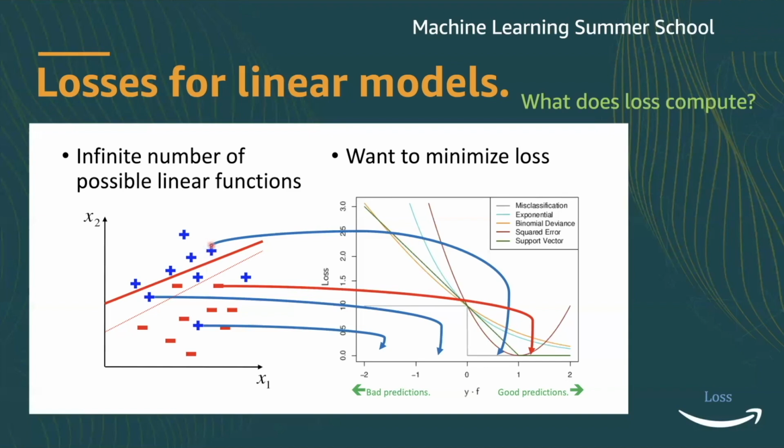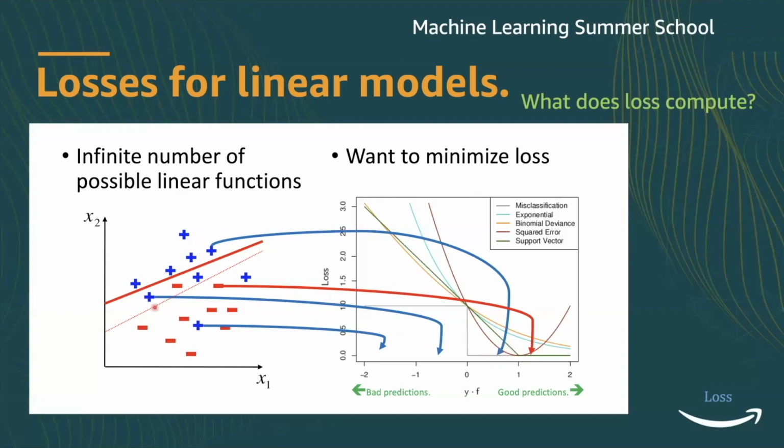So the prediction is positive, the true label is positive, the product is positive, it lies to the right side of 0. Both these points are correctly classified, and as per this loss function, they're paying a loss of 0, a penalty of 0.